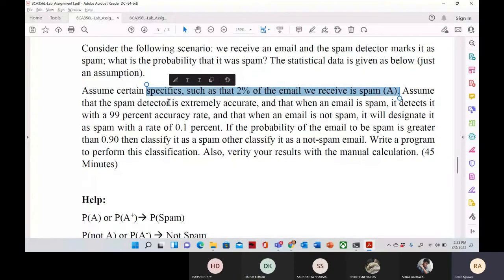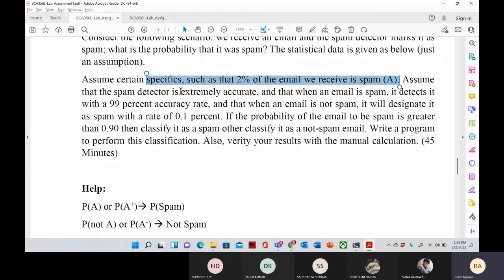Now next, assume that the spam detector is extremely accurate, and that when an email is spam, it is given that the email is spam, it detects with 99% accuracy.